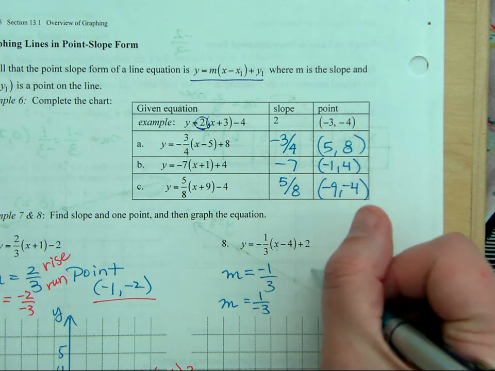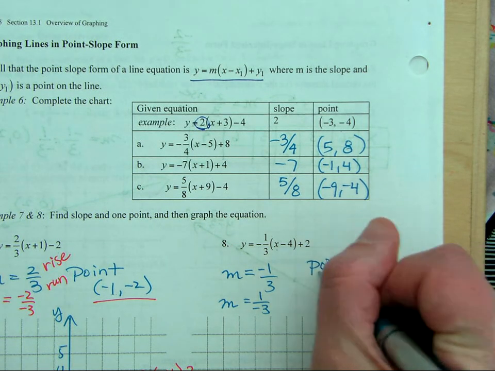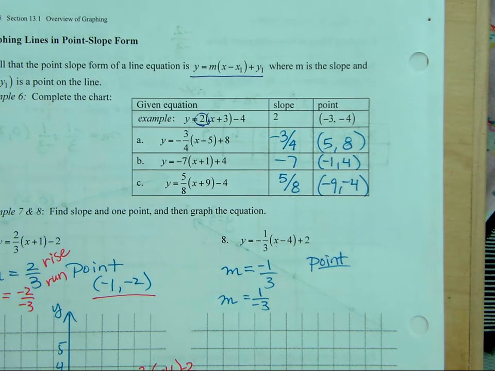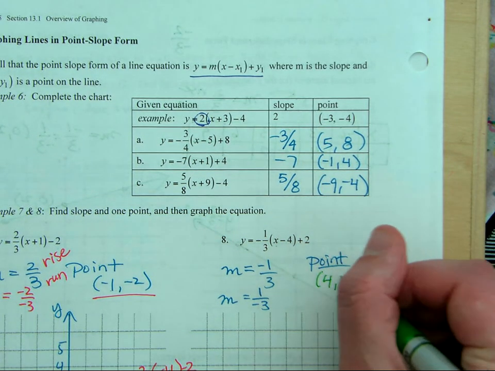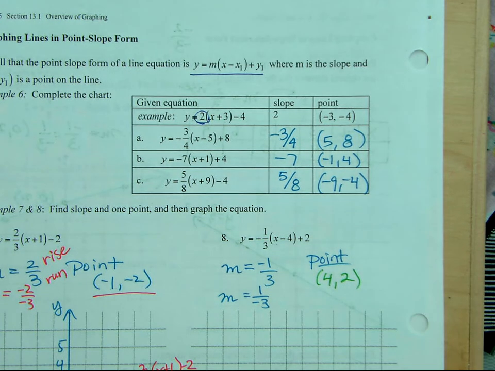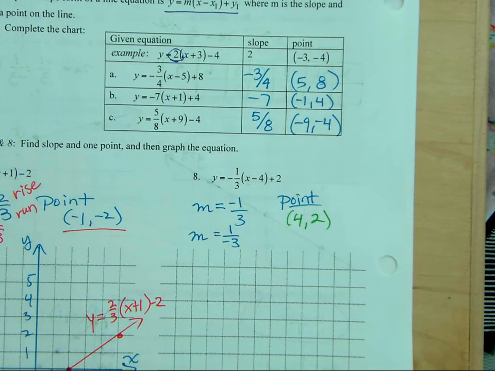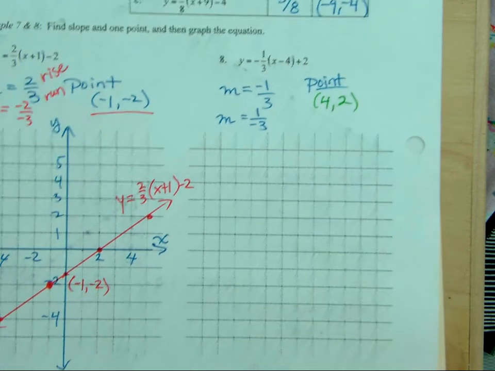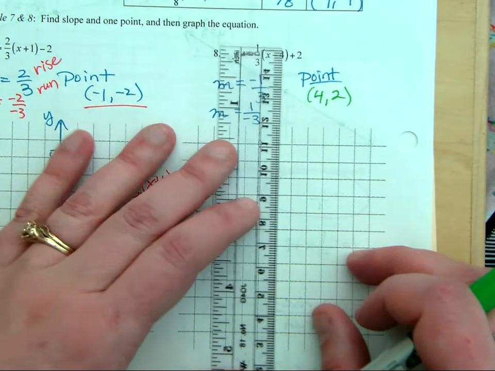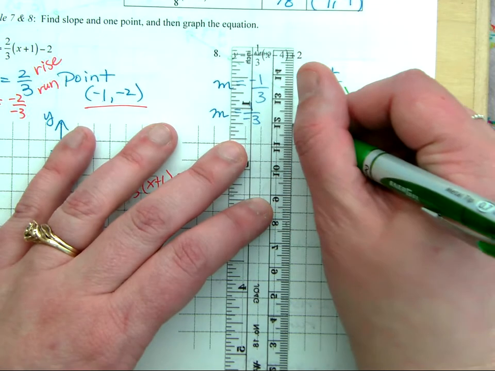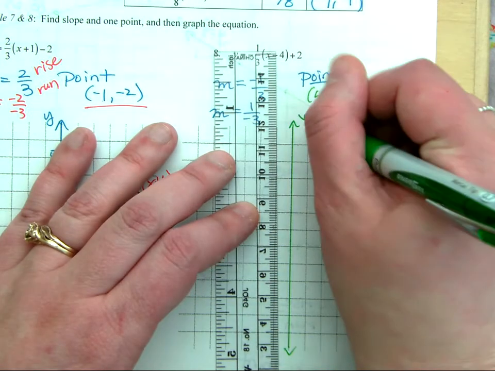So we definitely want to give the negative sign to one of the places. And then what is the point from the equation? Positive 4 and positive 2. And so if we're going to use the point and the slope to graph the line, I'm going to first scale everything. I'm going to draw my y-axis and label it y.